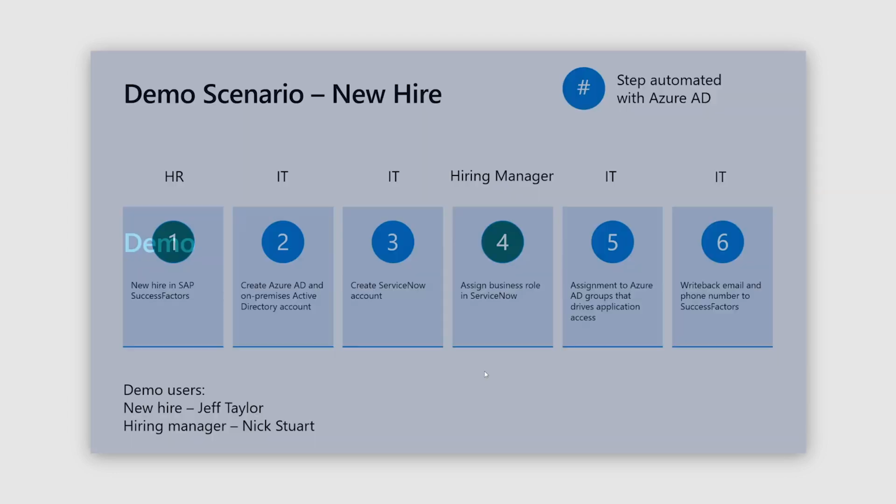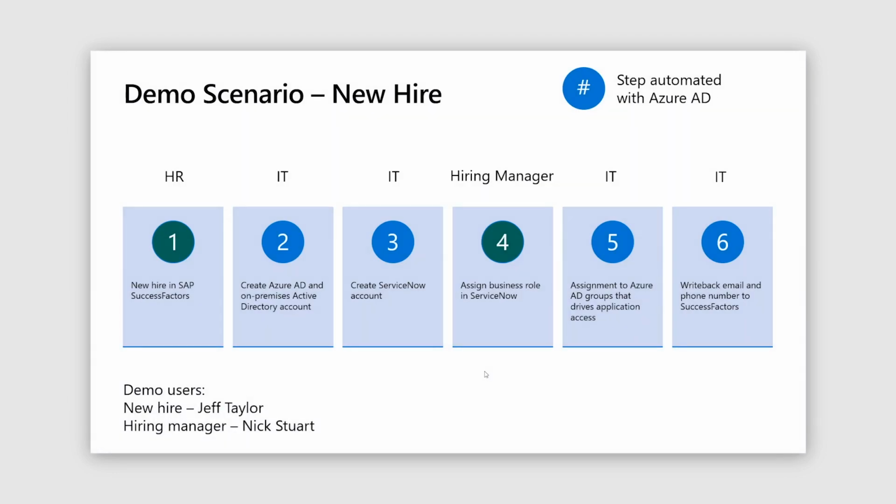Our first demo scenario is around new hire provisioning. So what we're going to do in this scenario is we are going to, in step one, hire a new user in SuccessFactors. Then we are going to create Azure AD and on-premises AD account for this user and a ServiceNow account, which is automated with Azure AD. In step 4, the hiring manager will log in into ServiceNow and assign a business role to this user.